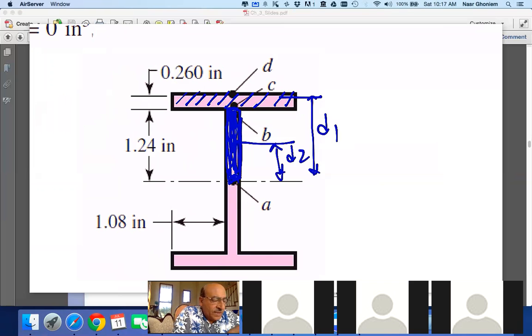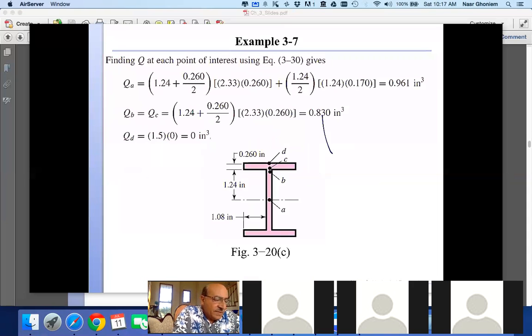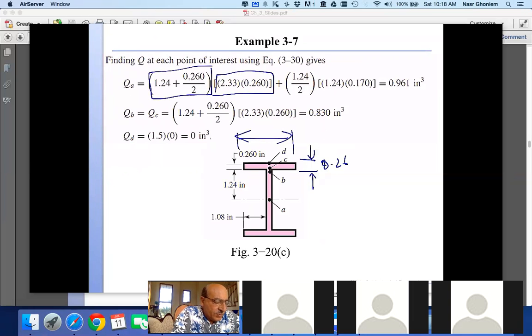And when I do that, you find that Q_A is area 1, which is this here, 2.33 times this height here, 0.26. So this is area 1 times the distance. And the distance is two parts, the 1.24 from here to here, and then half of the width of the flange, so it's 0.26 over 2.